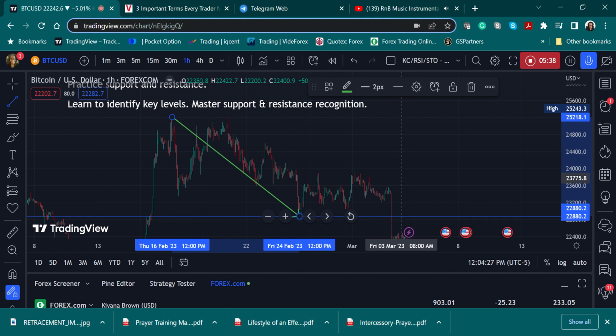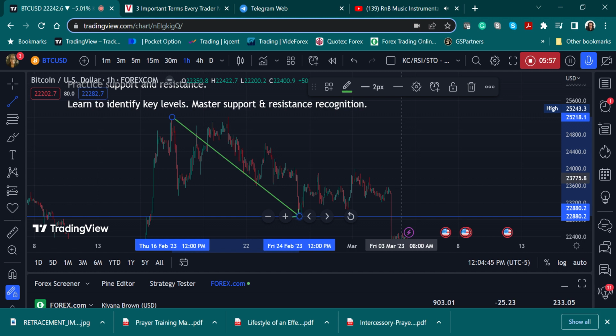In a downtrend, price falls because there is an excess of supply over demand. So we have a lot of sellers in the market. This is why we're going back down to support.